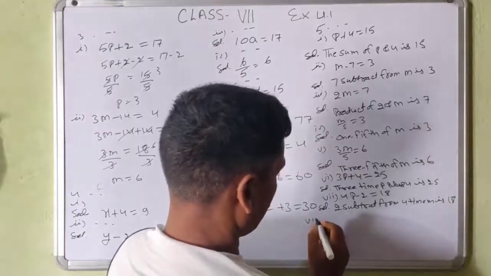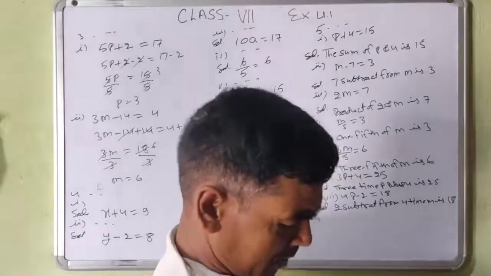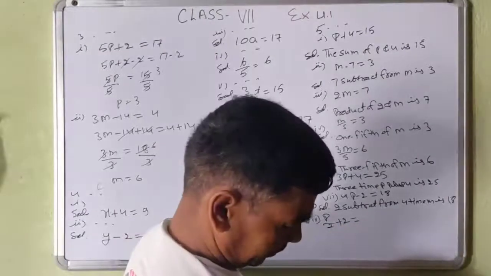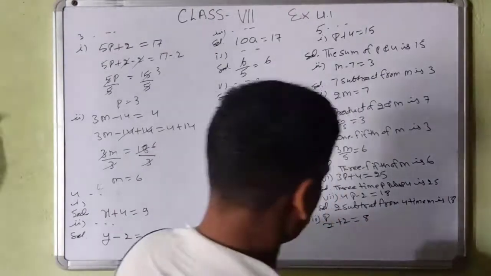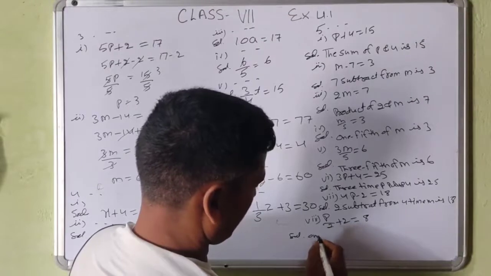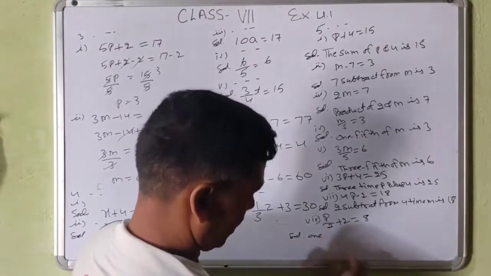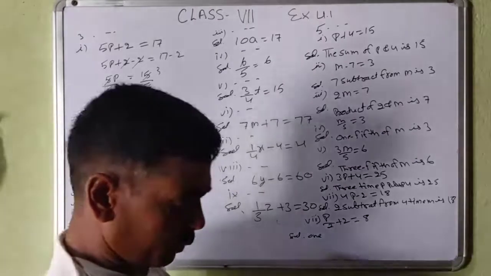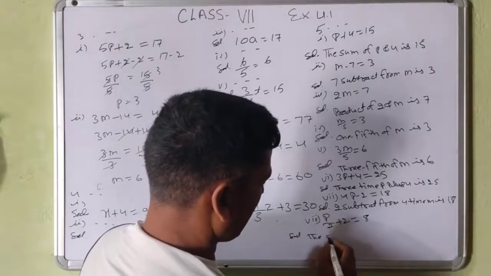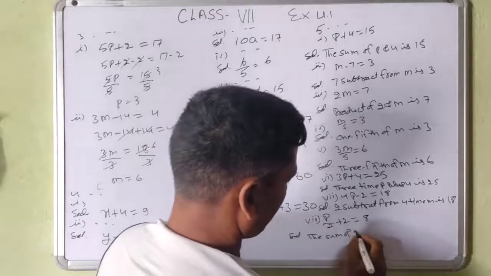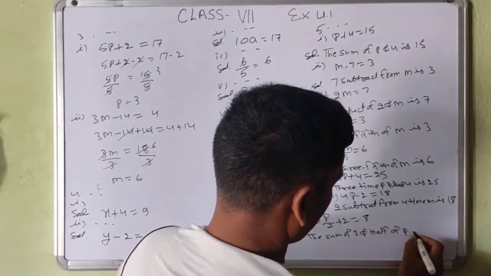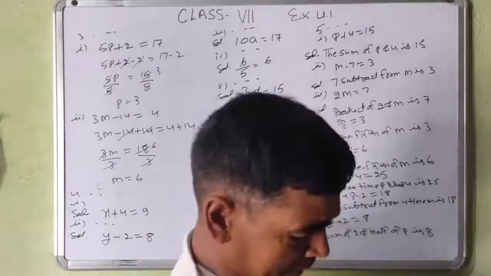That is the 8th part, p upon 2 plus 2 is equal to 8. The sum of 2 and half of p is 8.